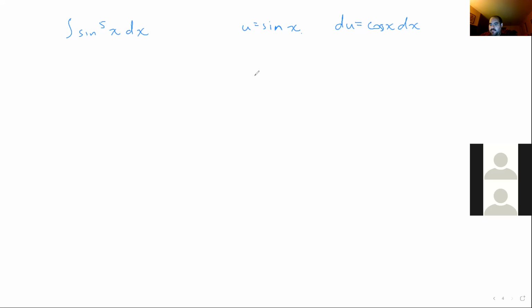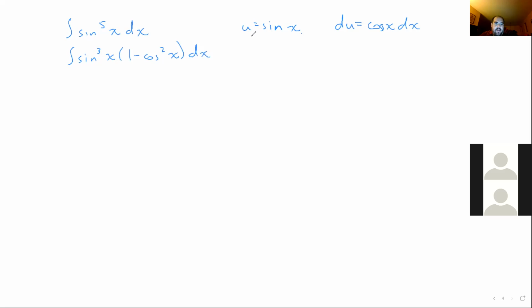So what can I do to get me on that path? Can you turn sine squared into 1 minus cosine squared? Yep, I can definitely do that. So that leaves me with sine cubed of X, and then I have 1 minus cosine squared of X dx.